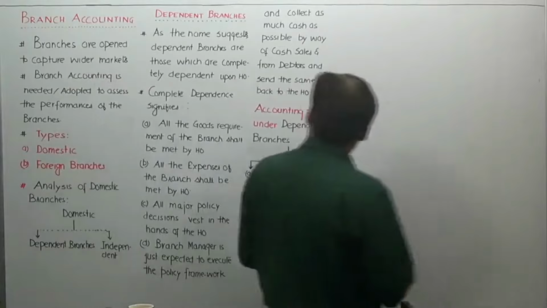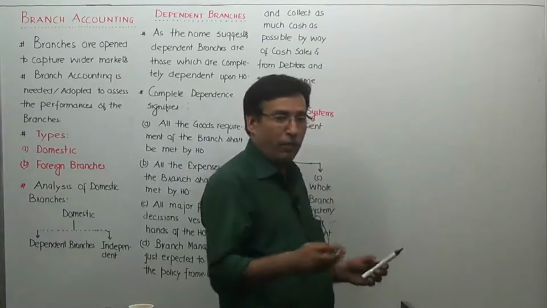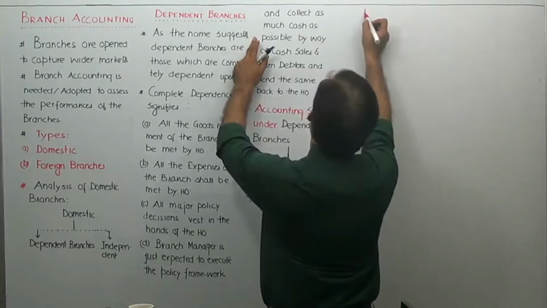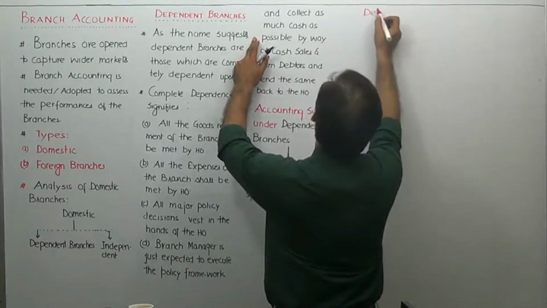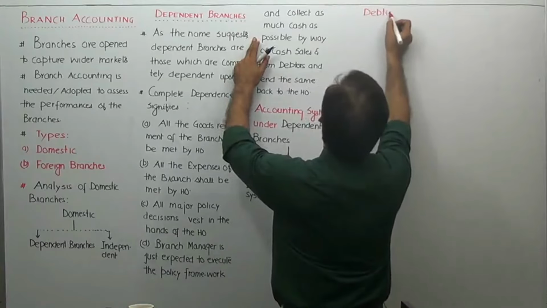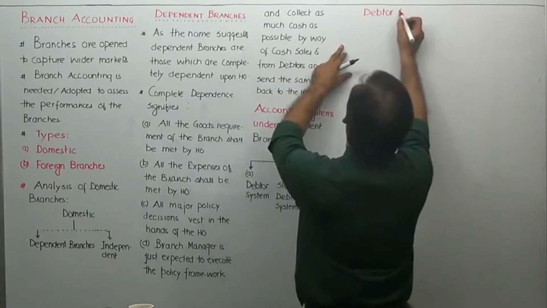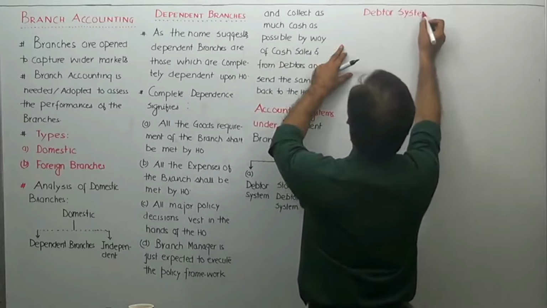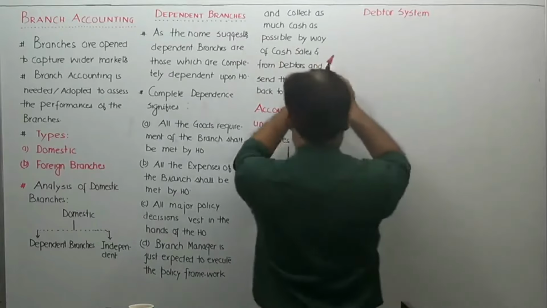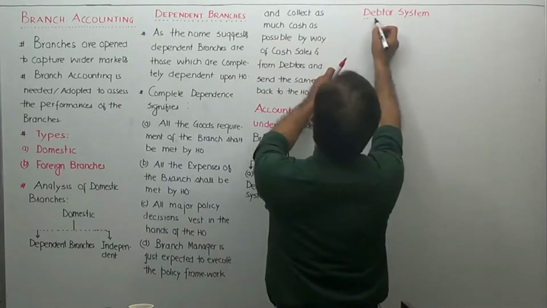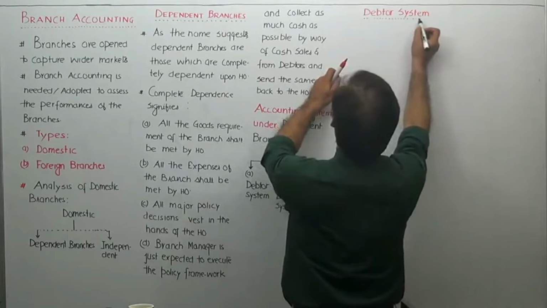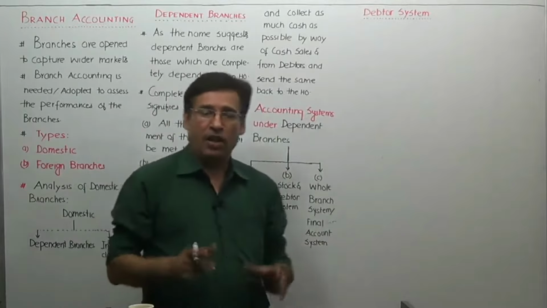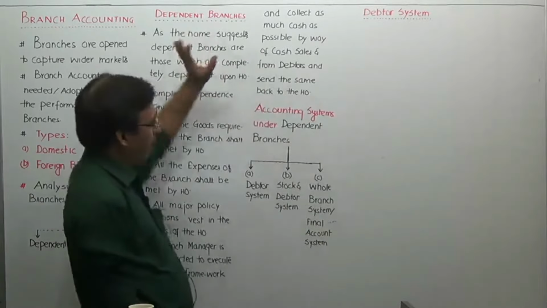Now, we will analyze the debtor system. What we mean by debtor system, that we are going to study now. As far as the debtor system is concerned, we have an idea that it is part of dependent branches, isn't it?